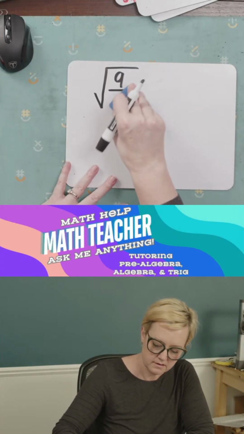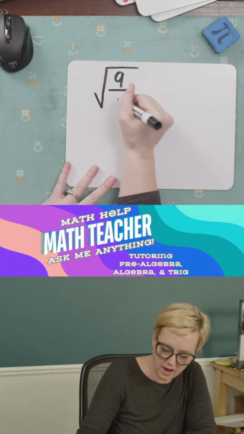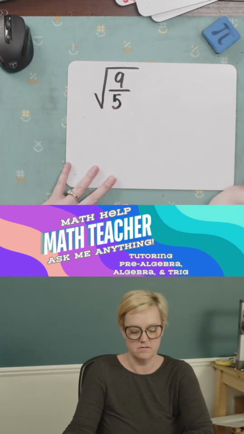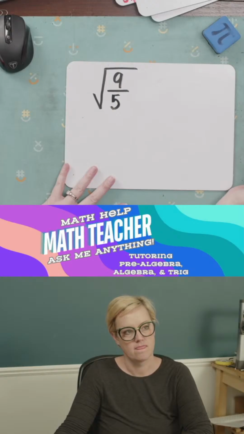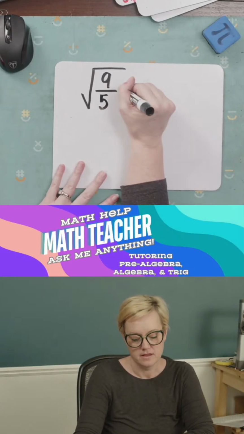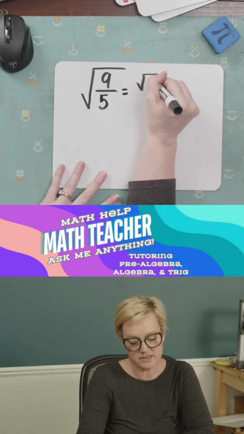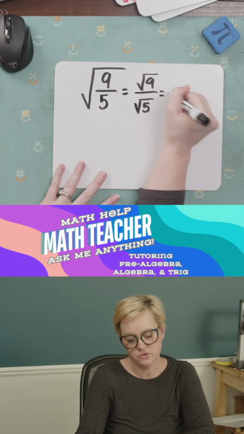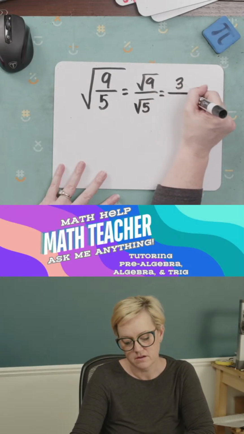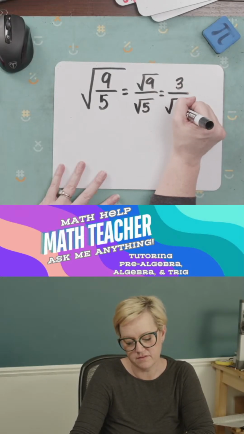A little more complicated if they're not both perfect squares. What if it's square root of 9 over 5? It's still going to be the same thing as square root of 9 over square root of 5. Square root of 9 becomes 3. Root 5 stays root 5.